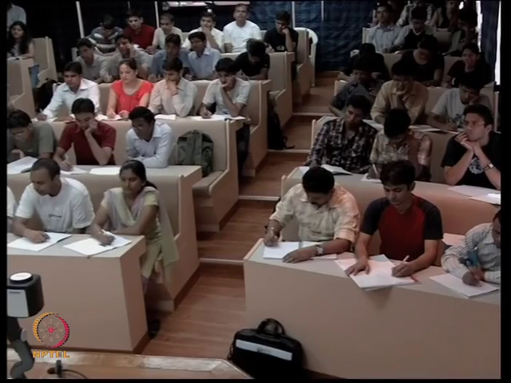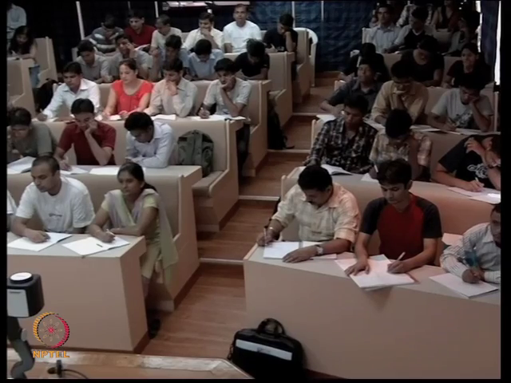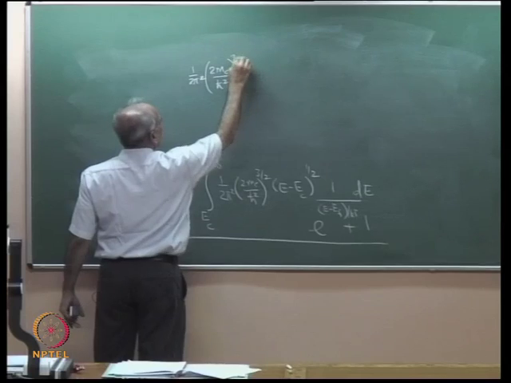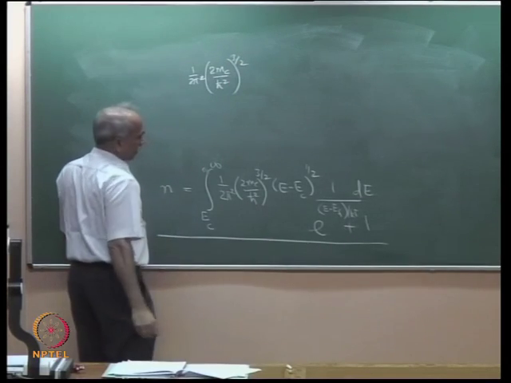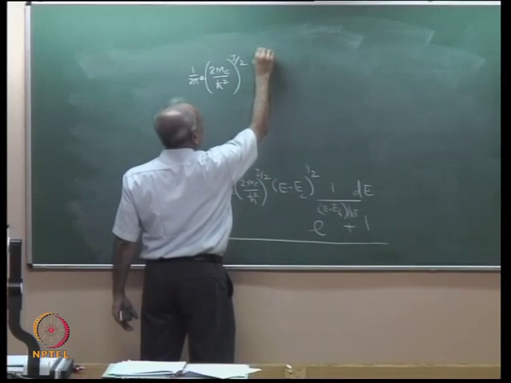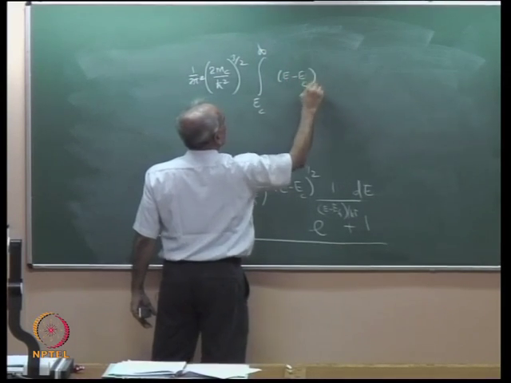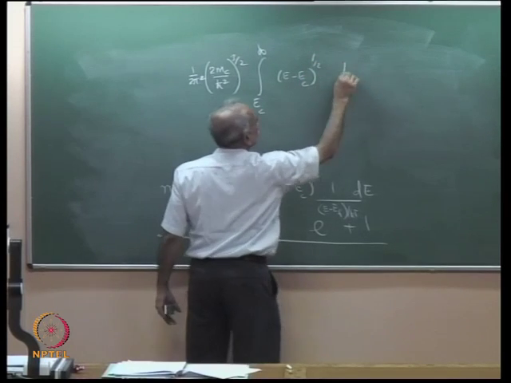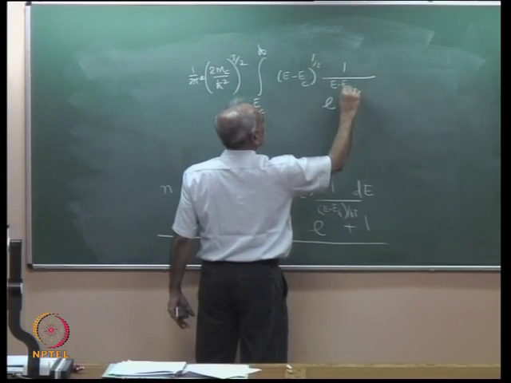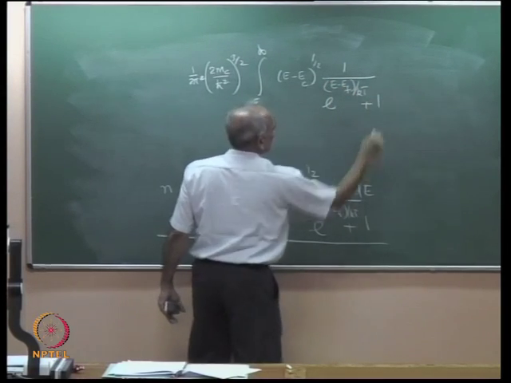All right, let me continue with this. Let me take out the constants, 1 over 2 pi square into 2 mc by h cross square to the power 3 by 2, into the integral from EC to infinity of E minus EC to the power half, 1 divided by e to the power E minus EF by kT plus 1.